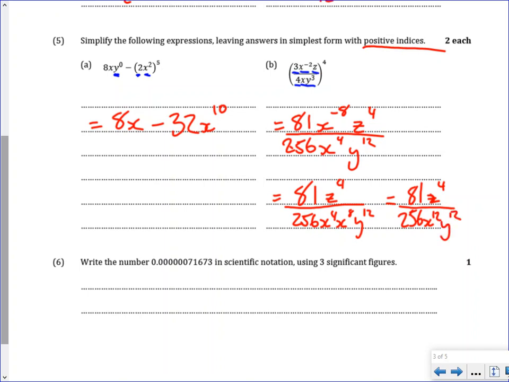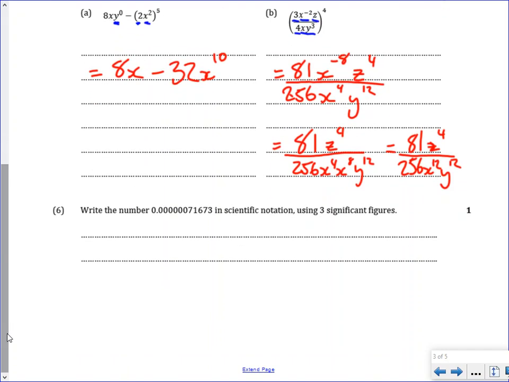y to the power of 12. And then lastly, for the algebra and indices section, we're going to write this in scientific notation using 3 significant figures. I'm not going to bother reading out that number, but when we're saying 3 significant figures, what we want to do first of all is round that to 3 significant figures.